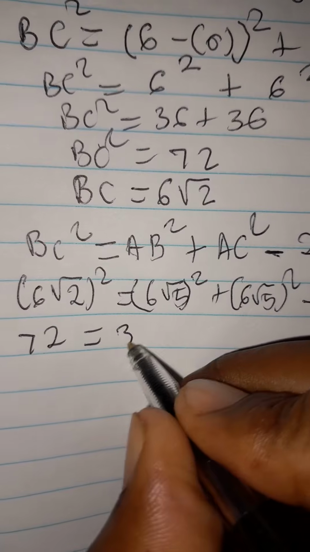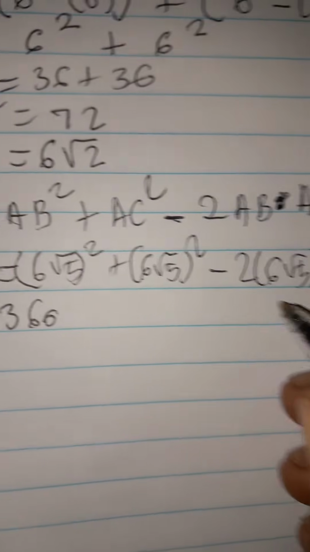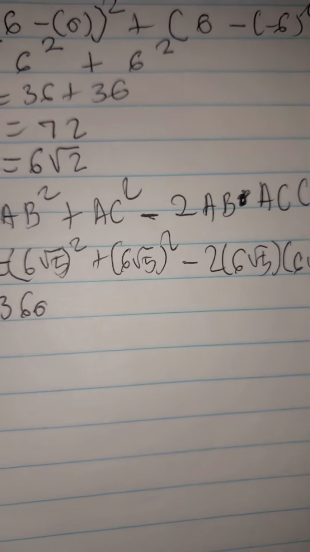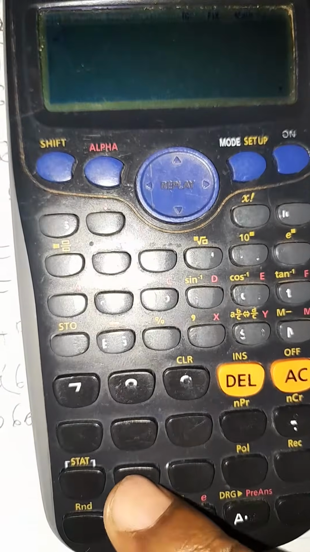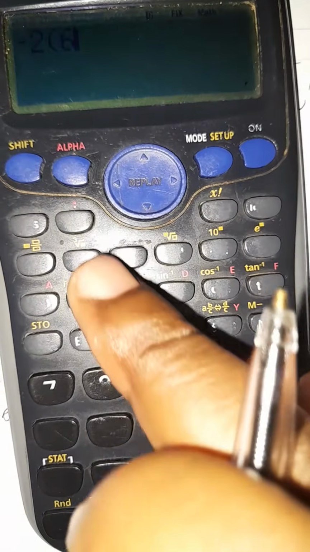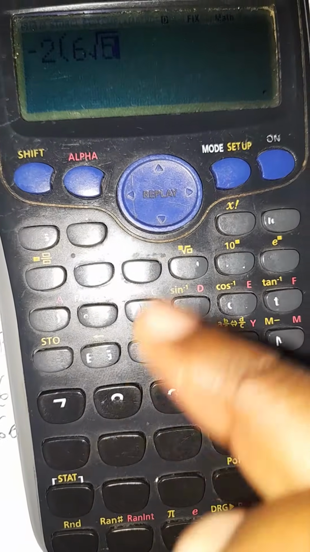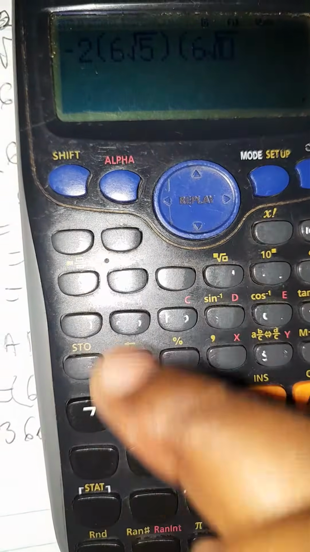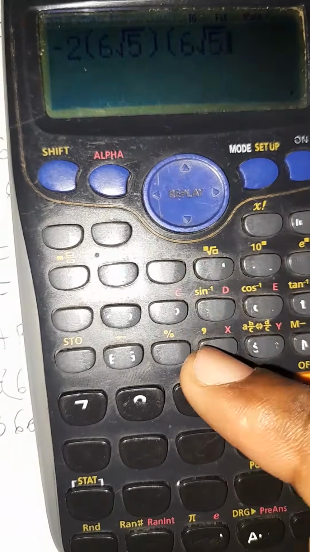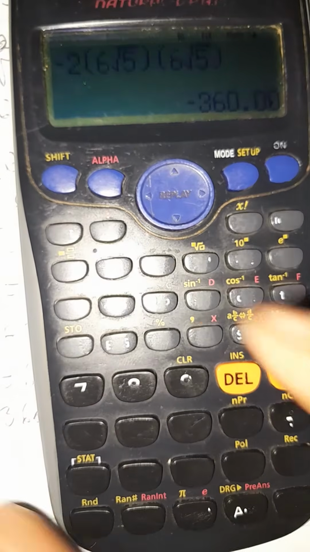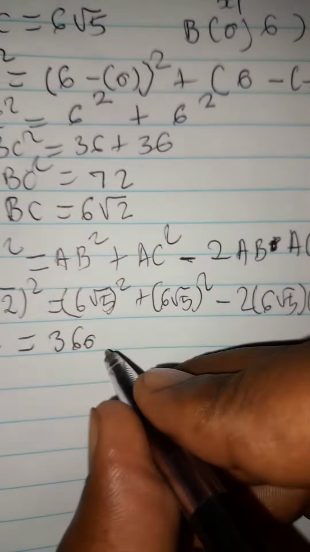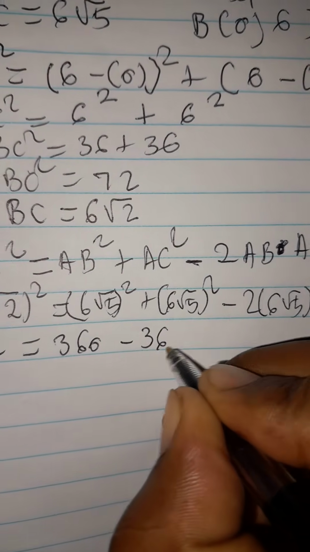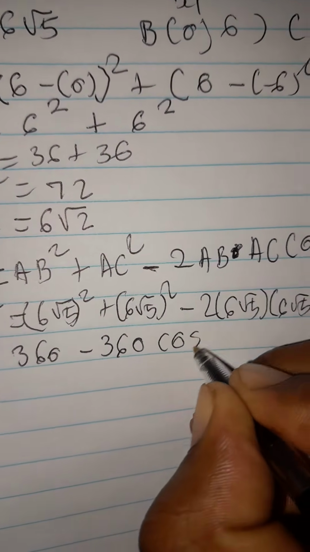That will be 360. Similarly, this will give us 360. Let's confirm that: negative 2 times 6 root 5 times 6 root 5 will be minus 360 cos A.